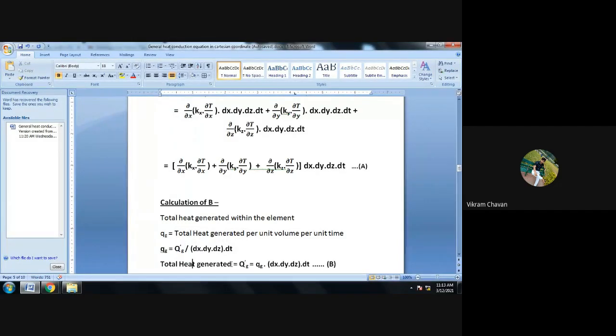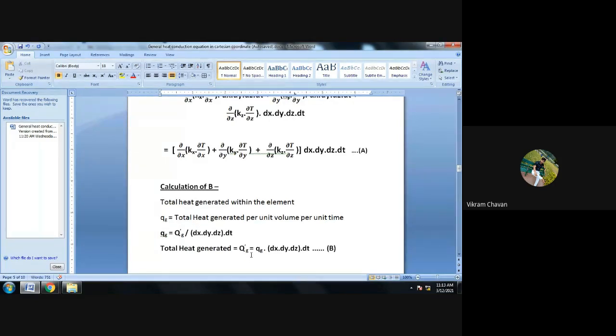So the total heat generated, capital Q' suffix g, is equal to, now if you want to find out this part, then we have to transfer the denominator to the opposite side. So we will get the equation for total heat generated as capital Q' suffix g is equal to small q suffix g, that is the heat generated per unit volume per unit time, multiplied by its volume.